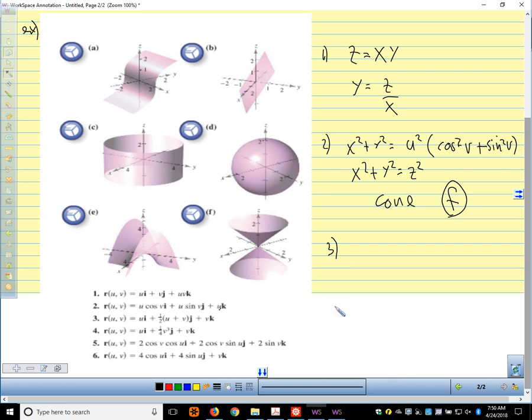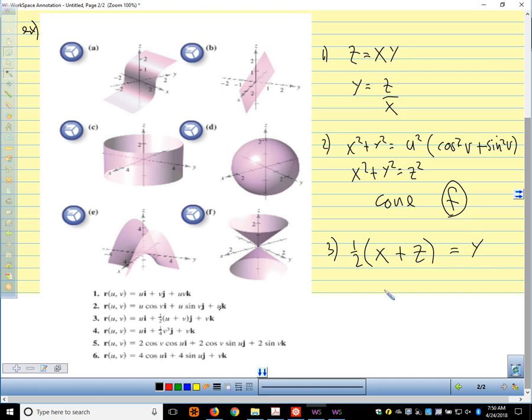Number 3. We have u i hat plus 1/2 u plus v j hat plus v k hat. If we look at the relationship between the components, 1/2 x plus z equals y.